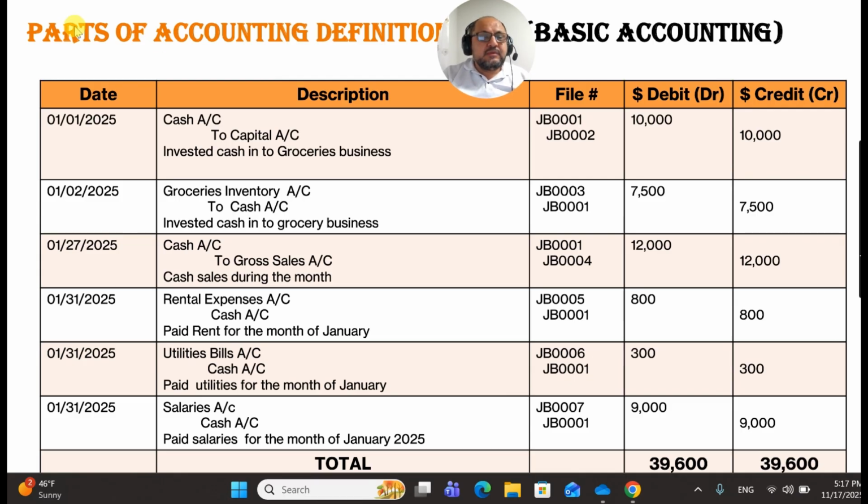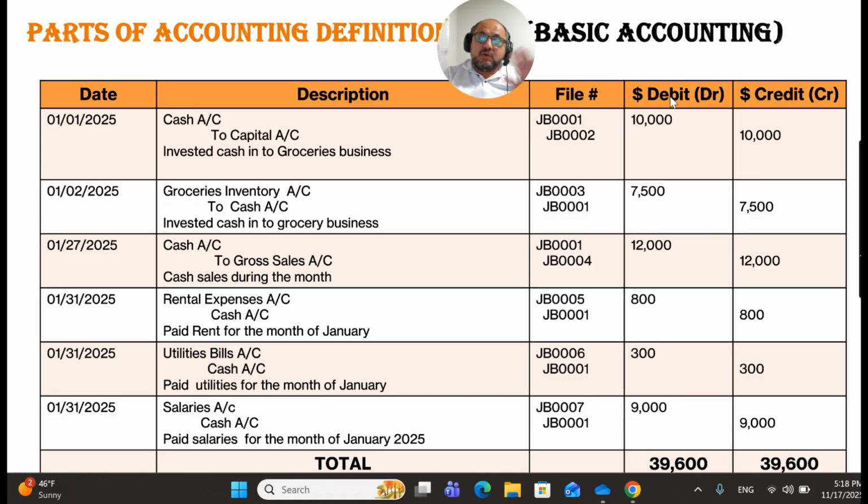Let's start. These consist of the date column, description column, and file number. It means the number of that account. Cash is JB001, and the other is JB002. These are the numbers by which we record this in the double entry bookkeeping system or in QuickBooks.